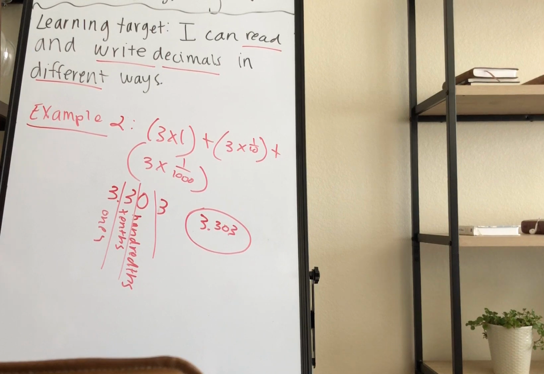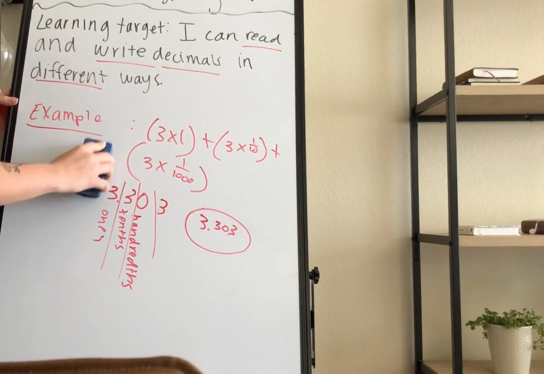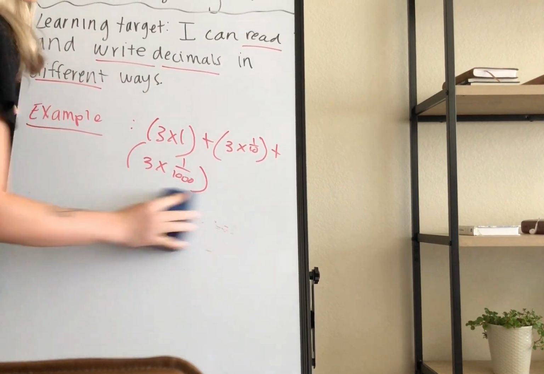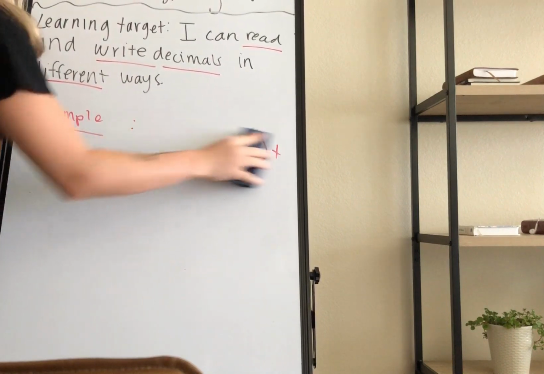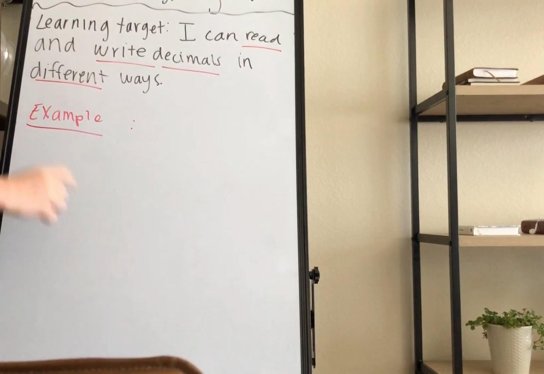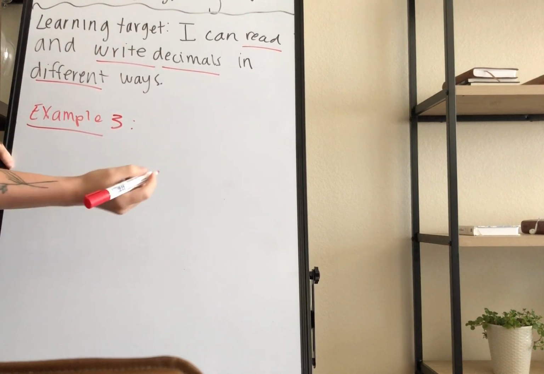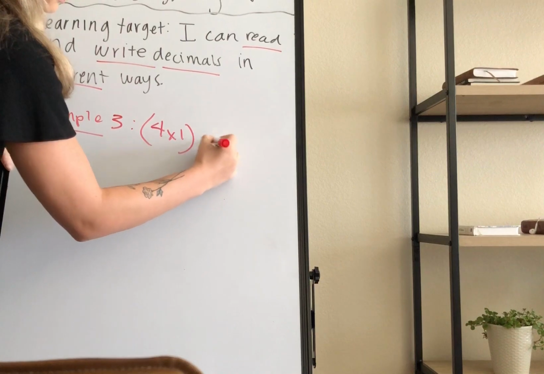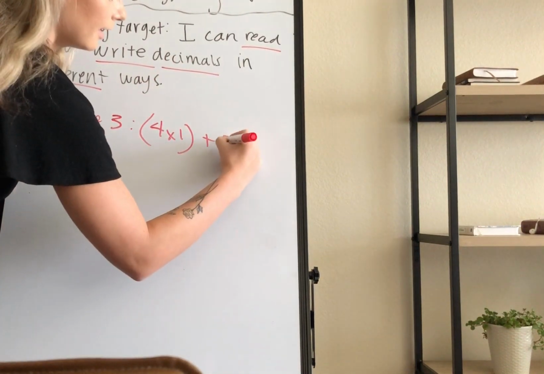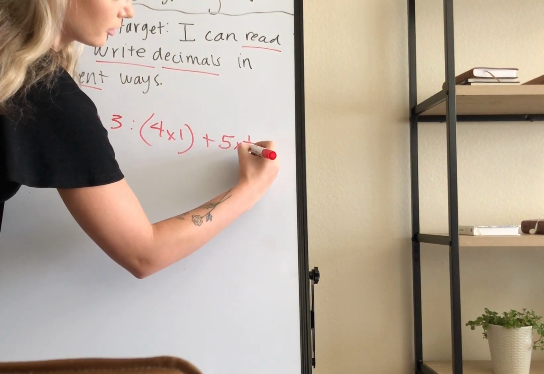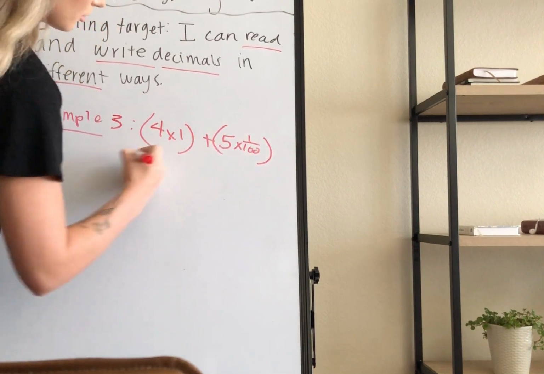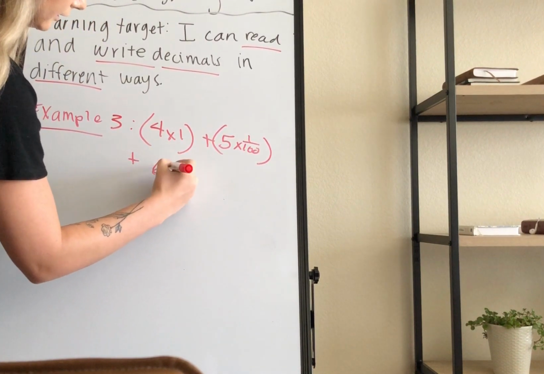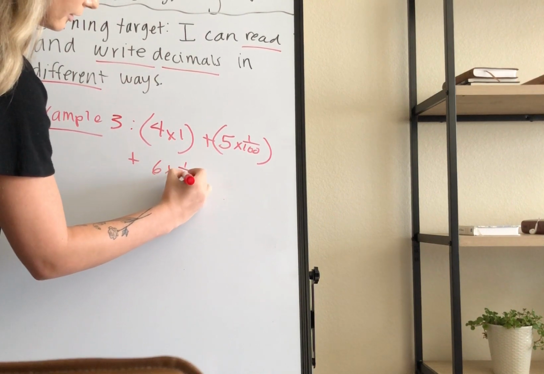Okay, we will do one more together. Example 3. Let's do 4 times 1 plus 5 times 1 over 100 plus 6 times 1 over 1,000.